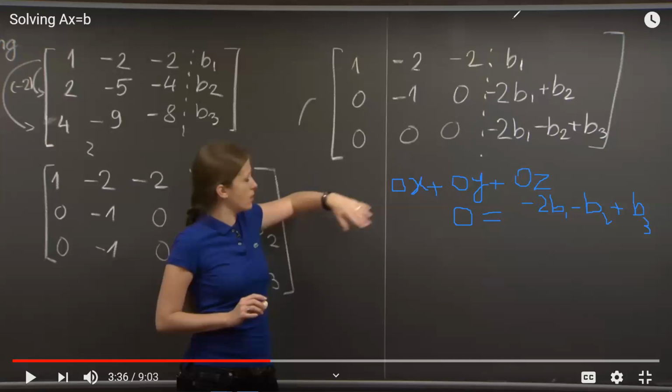One way to look at why this unique solution is gone is that you only have two pivots. You have a pivot in the first column, you have a pivot in the second column, but you don't have any pivot in the third column. You are supposed to have some non-zero entry here, but what we see here is zero, so it means there is no pivot.